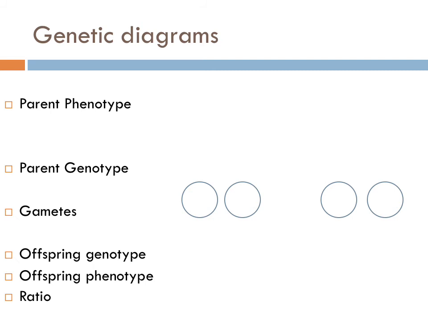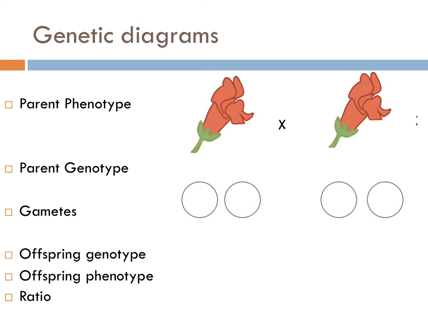One final scenario. What if we cross two flowers that are red in color and they are both heterozygous, meaning that they have one dominant allele and one recessive allele? Capital R, small r, capital R, small r.